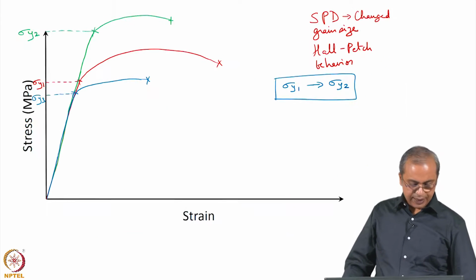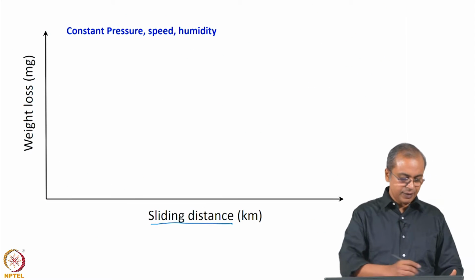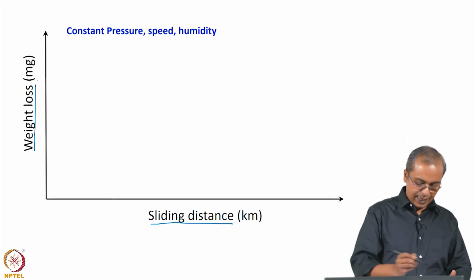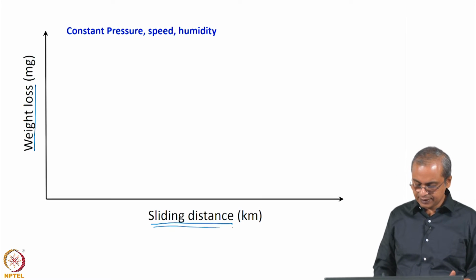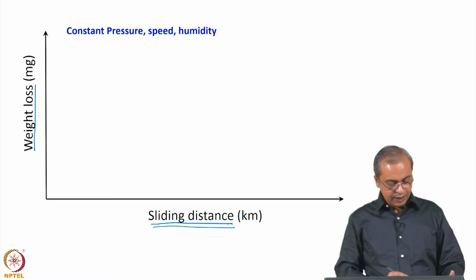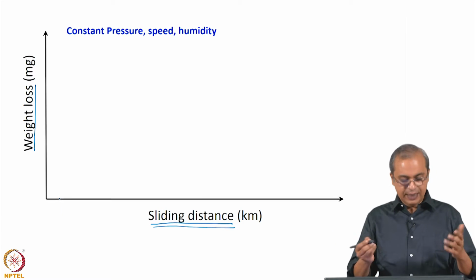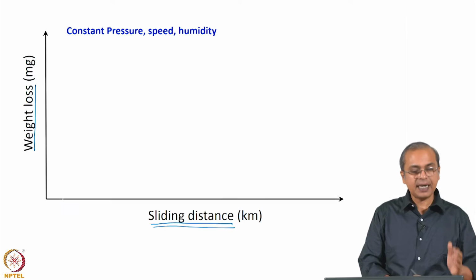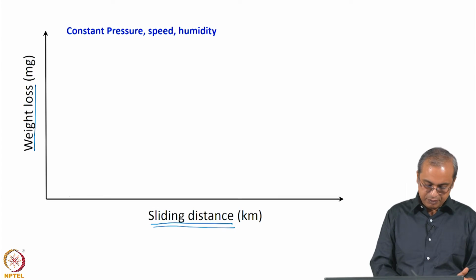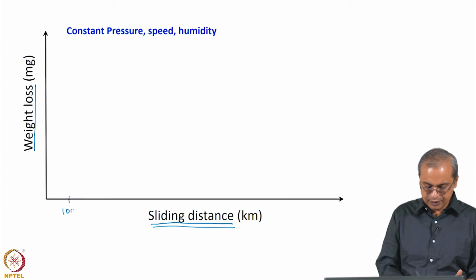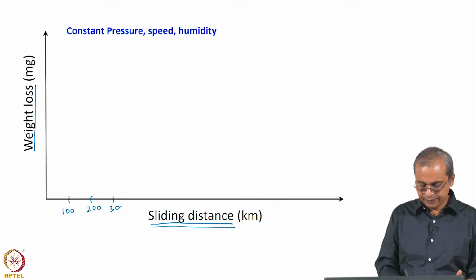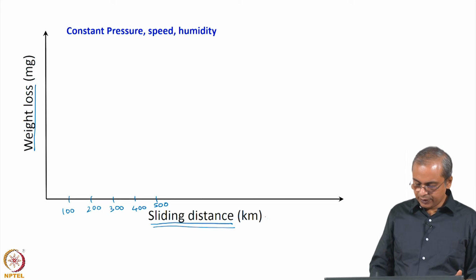So, what is typically done is that you have weight loss here and you have sliding distance on your x axis. Let us say the test runs for 10 minutes, and it has travelled some distance. Let us say it is travelling in meters, say this is 100 meters, this is 200, 300. So, this is marked in kilometers.